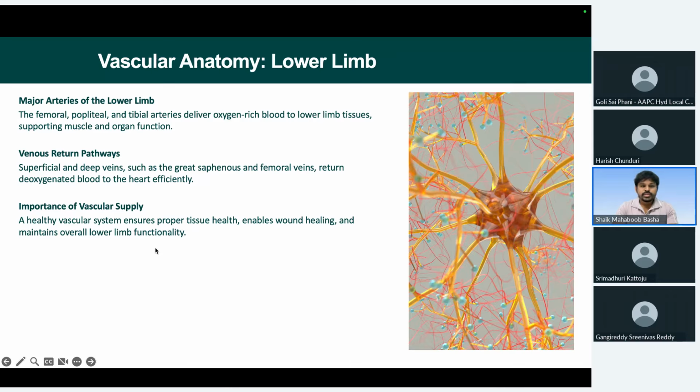What is the importance of vascular supply here? A healthy vascular system ensures proper tissue health, which enables wound healing and maintains overall limb function. If there is no proper supply of healthy oxygenated blood to the lower extremity, it may lead to different abnormalities or pathological disorders.